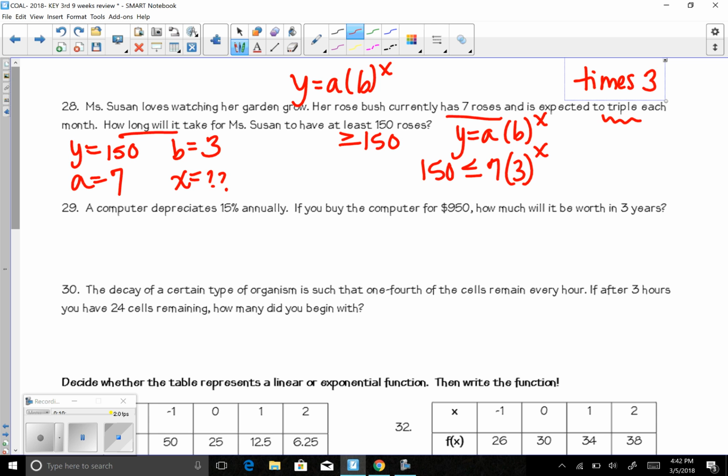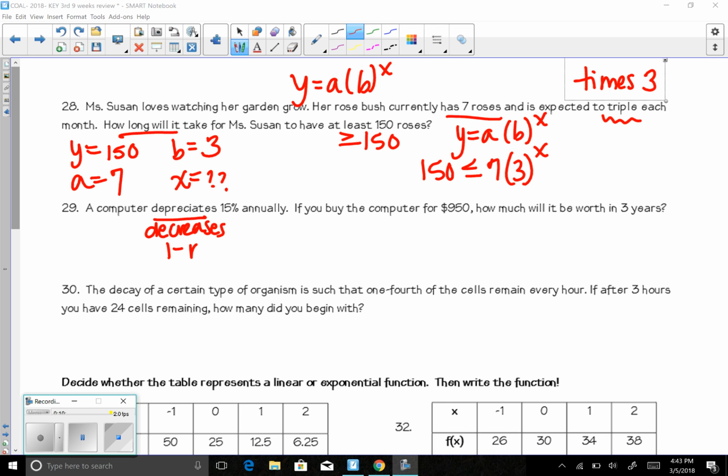Okay, so 29, just a hint here, depreciates means decreases, so you're going to use 1 minus r for the base for that one. Okay, and number 30, just a hint here, remember with these exponentials, you're multiplying by an amount that you keep. So that's why, when you decrease something, if you decrease by 10% and you do 1 minus 0.10, you're left with 0.9.